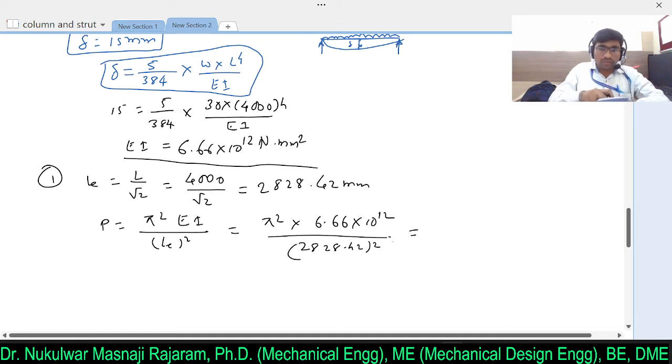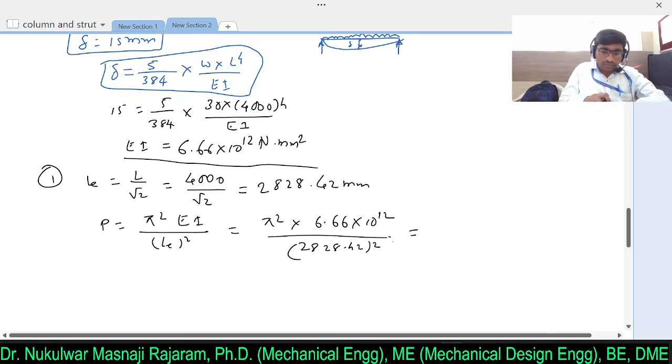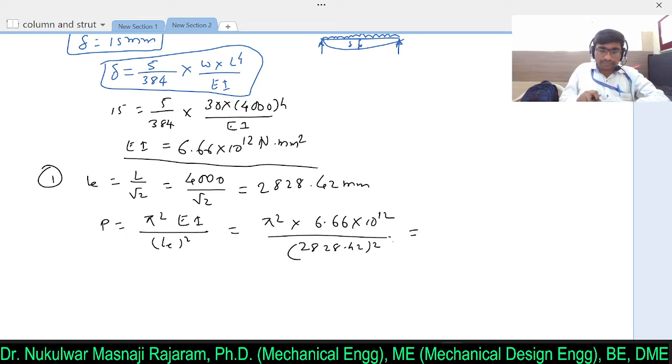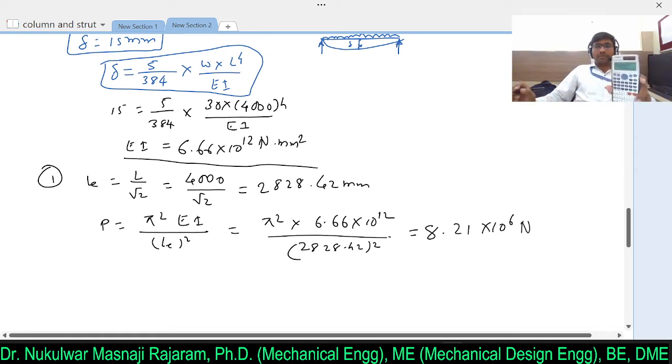Then the crippling load will be pi square into 6.66 into 10 raised to 12 divided by 2828.42 square. So this value will be equal to 8.21 into 10 raised to 6 Newton. Simple.